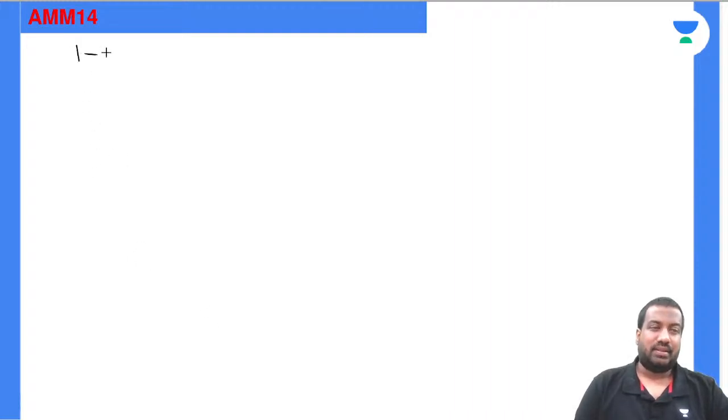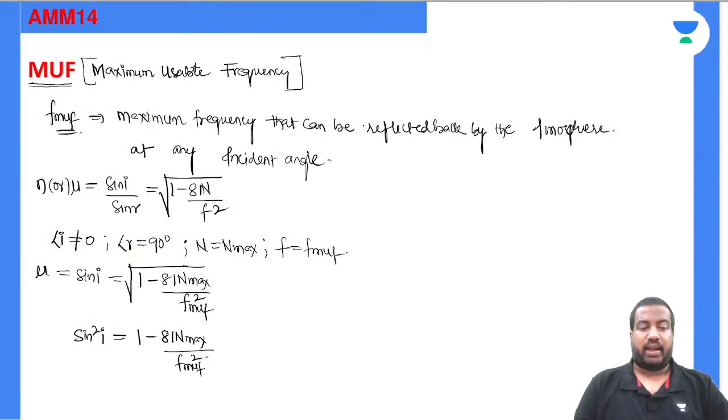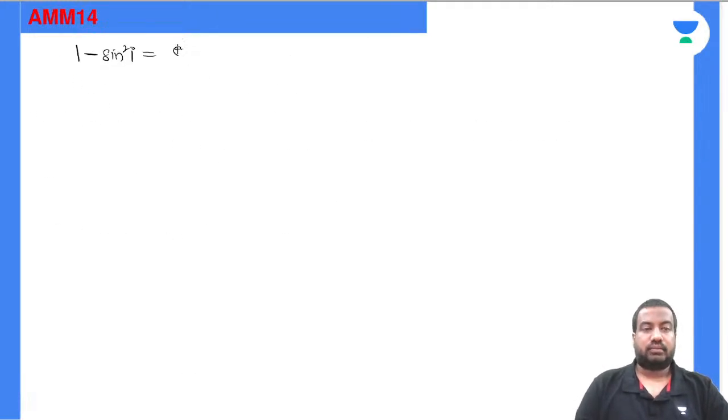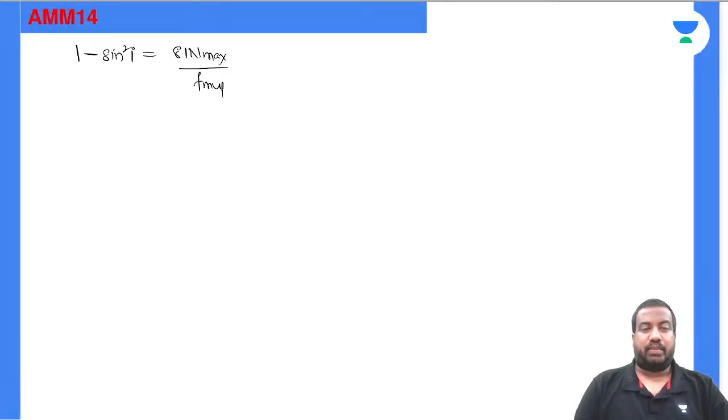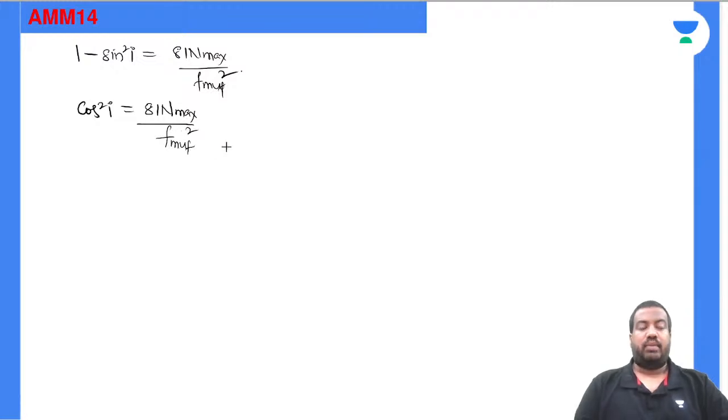This implies 1 minus sin square i is equal to 81 n max by FMUF square, so cos square i is 81 n max by FMUF square.